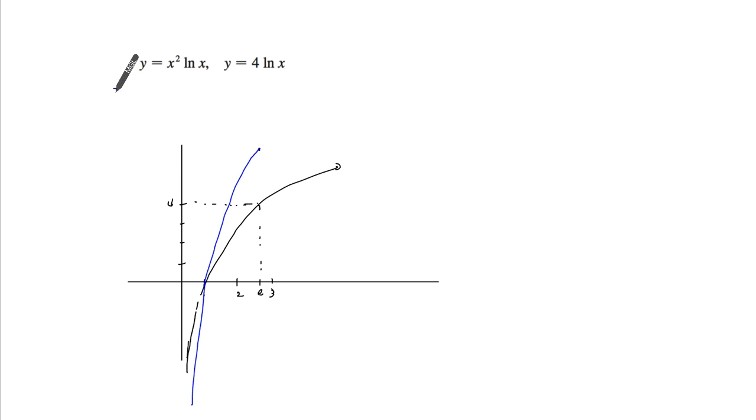So as x approaches 0, we have ln of x over 1 over x squared, and you can use L'Hopital's rule. This is going to be negative x cubed over 2, which simplifies to negative x squared over 2.